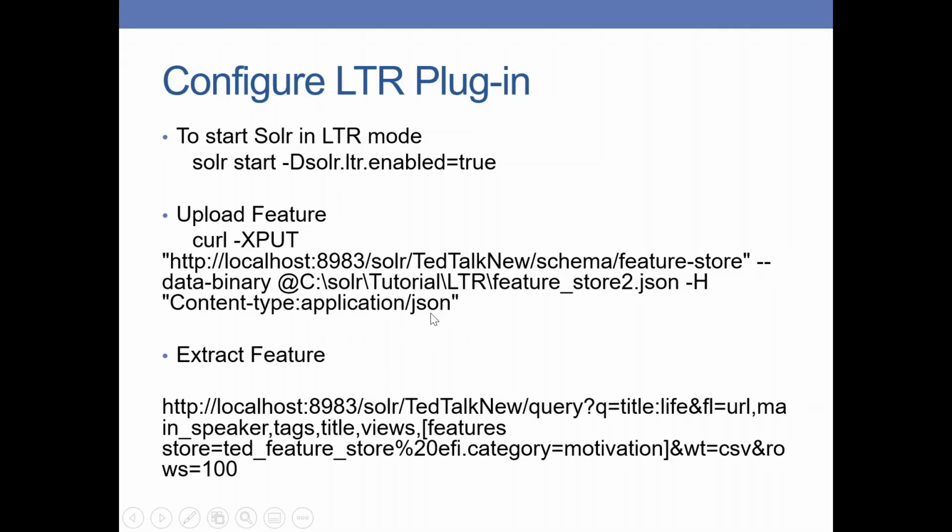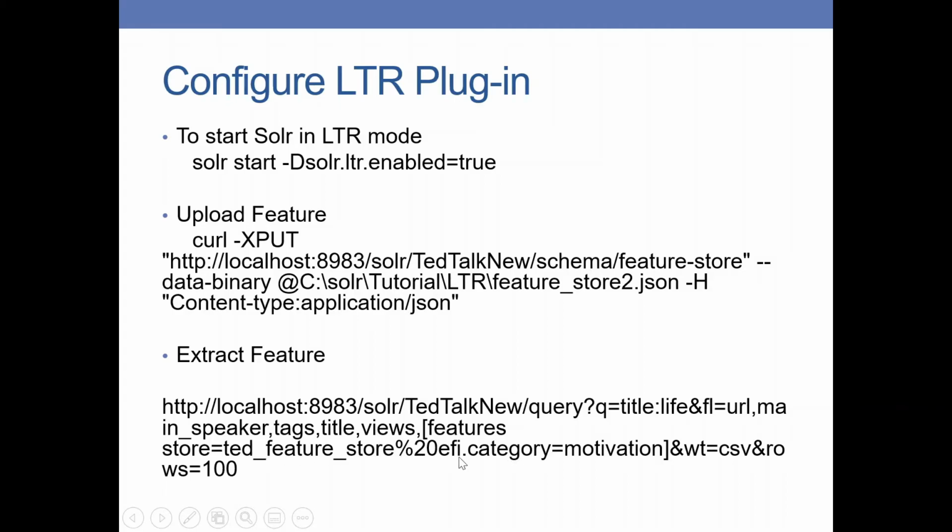It's a JSON file. And to extract the features, you just have to provide this URL in the browser. For each query which you would be using to generate the training data file, you have to do this. Mention what features you want to extract as part of your CSV file, and also mention the feature store name.